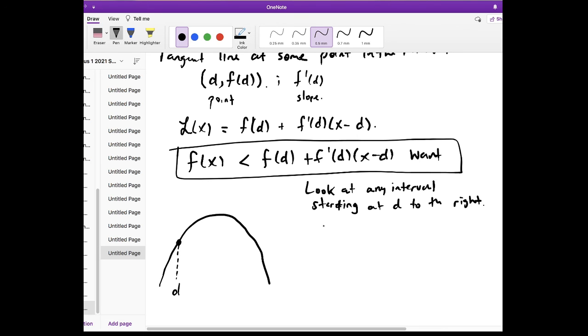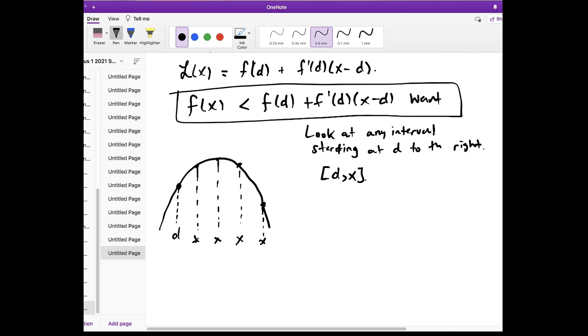When I say any interval, I just mean D comma x. So it's arbitrary. It could be over here, it could be over here, it could be over here. So our statement is going to be true for every single x we choose. Okay, what if I draw a line between D and some point x? What do you know about the slope of that line? What statement can you make?